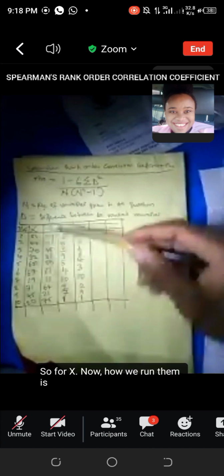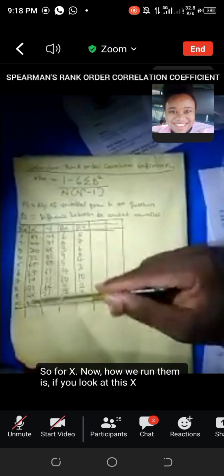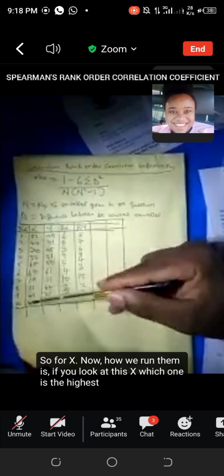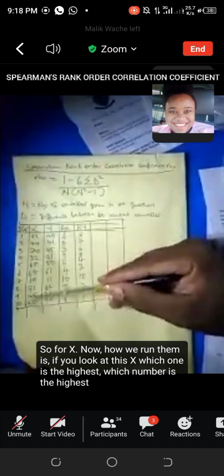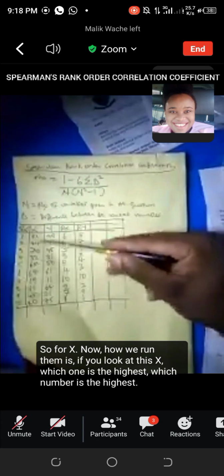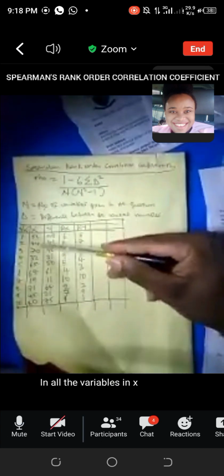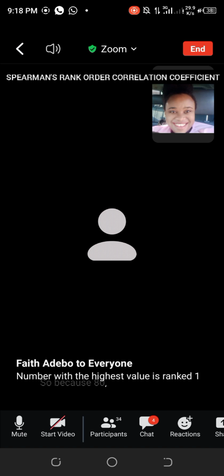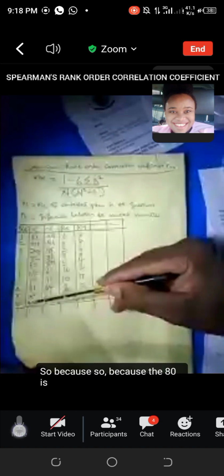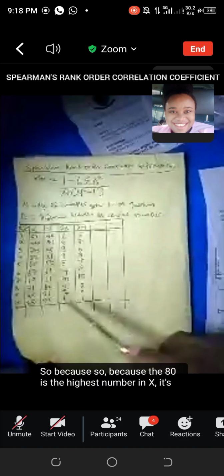So for X now, how we rank them is, if you look at this X, which number is the highest in all the variables in X? Which one is the highest? The highest is 80. Because 80 is the highest number in X, it will carry the rank of 1.